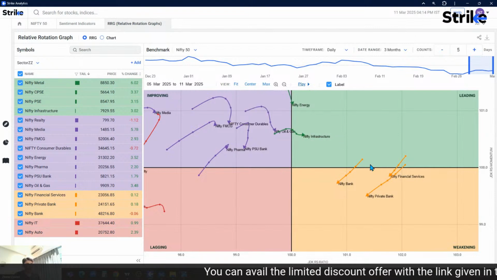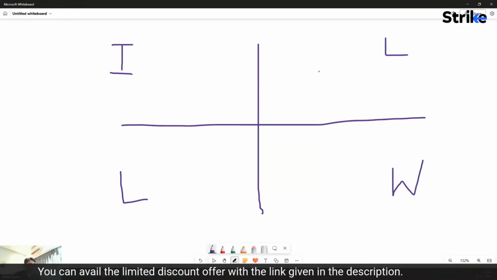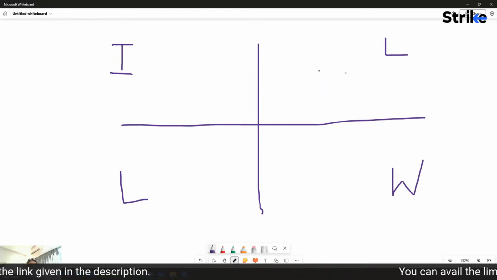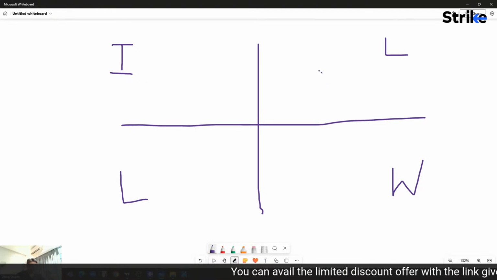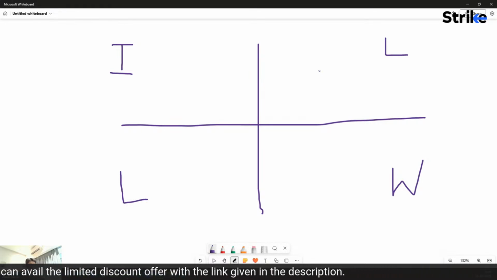Now, if a particular stock or an index is in the leading quadrant, that means the momentum is strong, and it is also outperforming the benchmark. Whenever the stock slows down, the momentum will get affected first, meaning the momentum will start coming down.